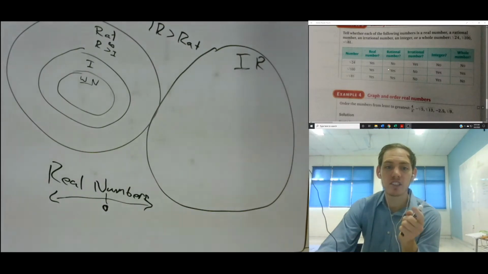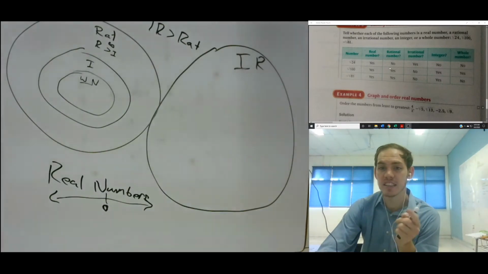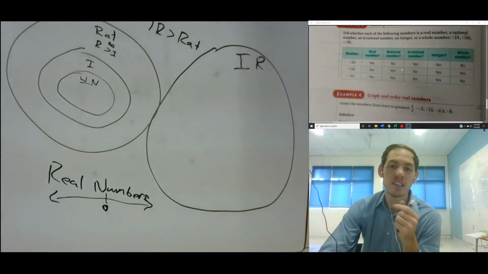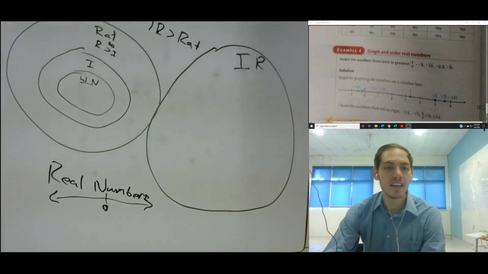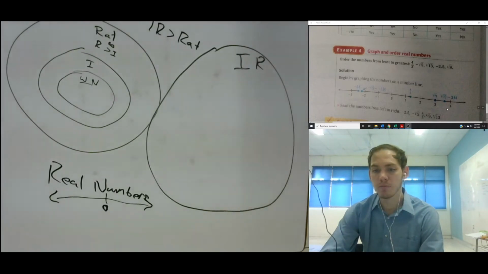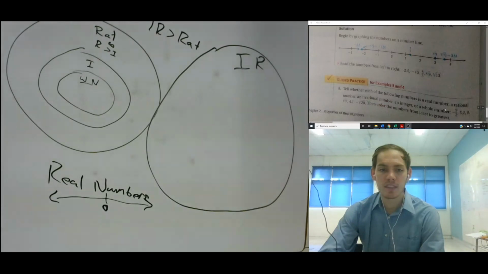If it is a rational number, then you can check, is it an integer or a whole number? Whole number means positive, integer means negatives and positives. Okay, and then you order them from least to greatest. Go from most negative to largest positive, okay? Okay, and that will be our lesson for today.